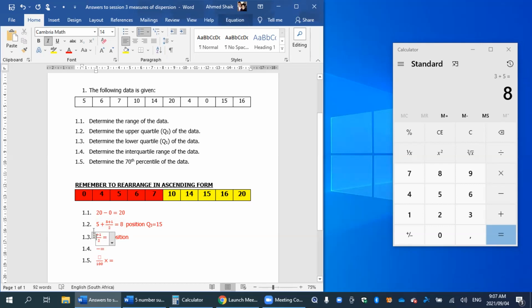I've got 5 plus 1 divided by 2; 5 plus 1 is 6, divided by 2 gives me an answer of 3. So that tells me that Q1 is equal to the 3rd value, which is 5.